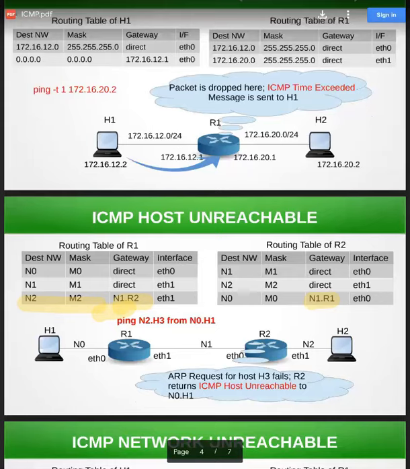Because N2 is not connecting there. Yes, in fact, you are saying this is the route to N2. It's something like somebody asks you, how do I get to Madhapur? You say you go to Madhapur to reach Madhapur. It doesn't make sense because you don't know how to get to Madhapur. That's the point here.